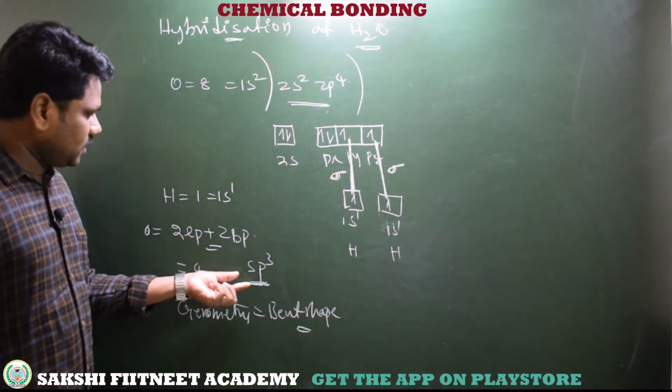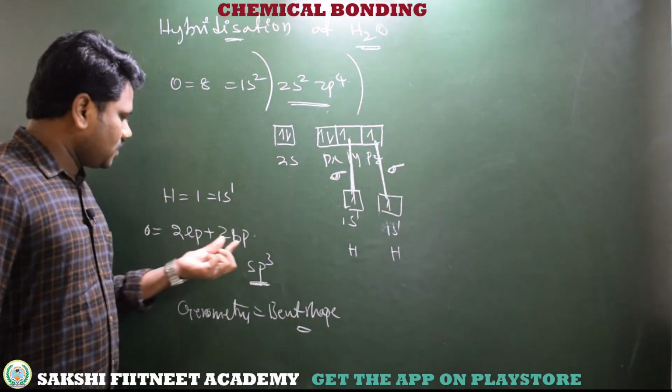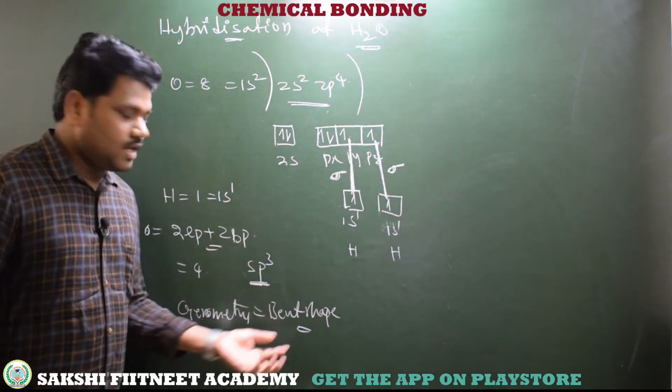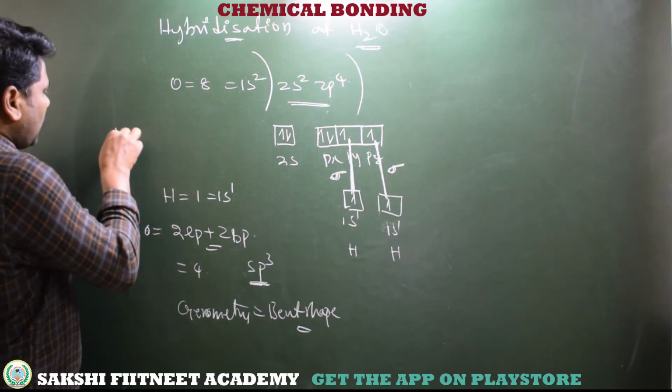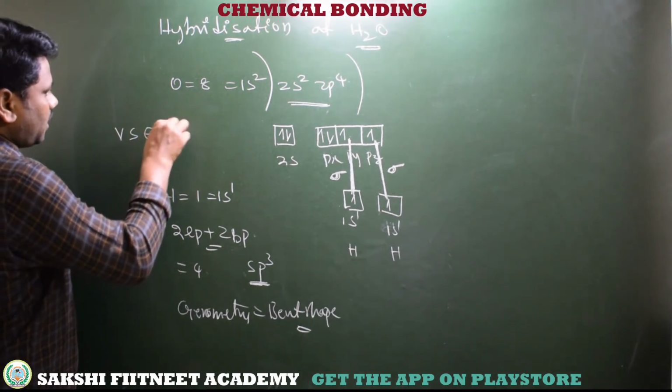Why does sp3 hybridization with 2 lone pairs and 2 bond pairs give a bent shape? That is due to valence shell electron pair repulsion.